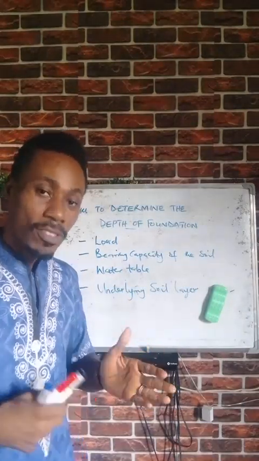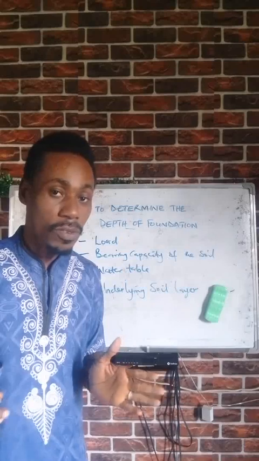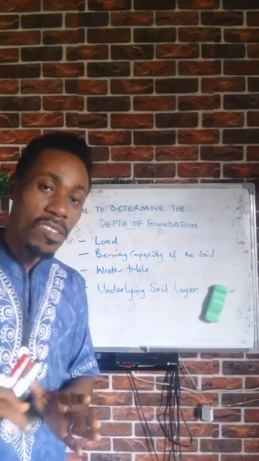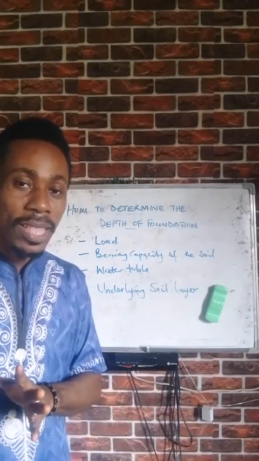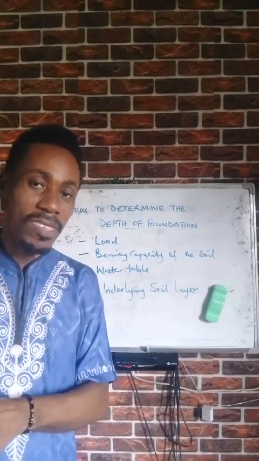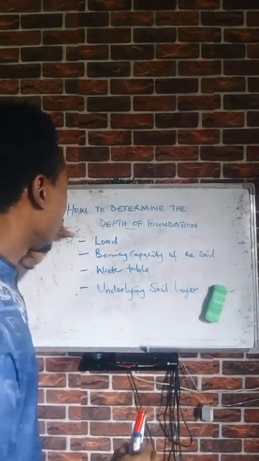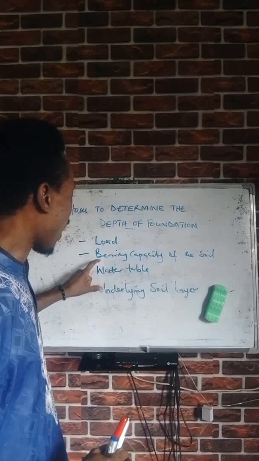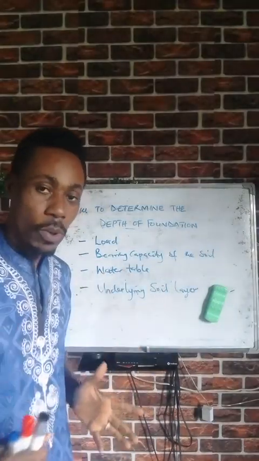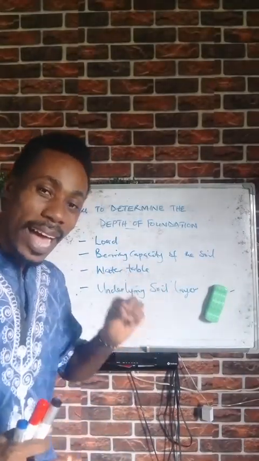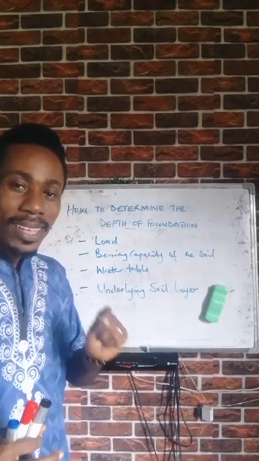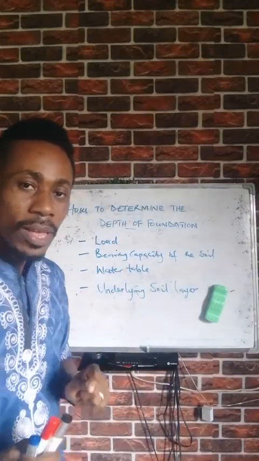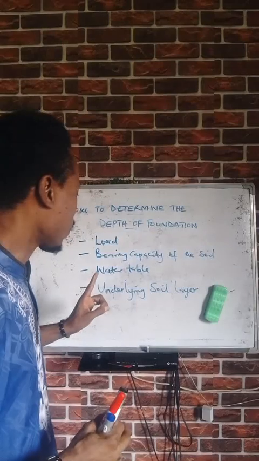In some soil, we have different types of soil, and they have their various peculiarities. They are peculiar in their own types. But generally we look at bearing capacity for all soils, because it is bearing capacity that really defines the strength of that soil.